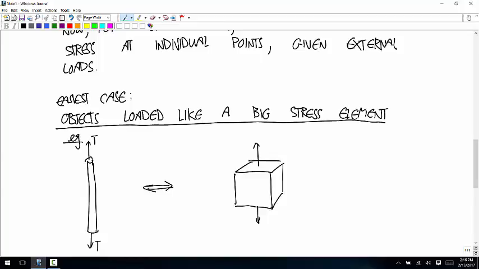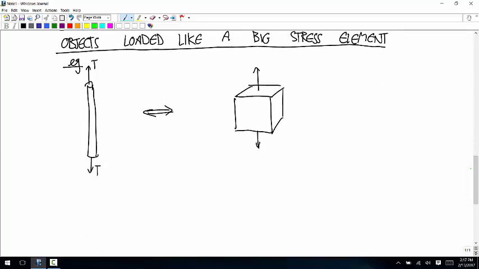But basically, you're going to look at this thing and say, if you remolded that into the shape of a cube, would it be following the rules that are required for stress? The rules for the stress tensor say you have to have equal and opposite forces on the two sides. So this one's good. So this one, yes.